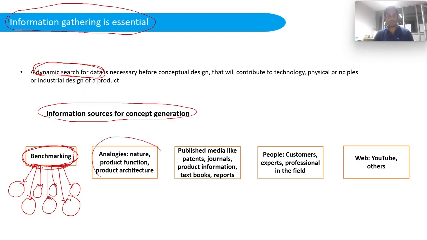The other way can be analogies. Whenever you try to generate ideas or concepts during the ideation phase, analogies from nature, other products' functionalities, and other products' architecture sometimes may help. For example, you may think about creating a hubless bicycle, where you do not want to have any spokes.